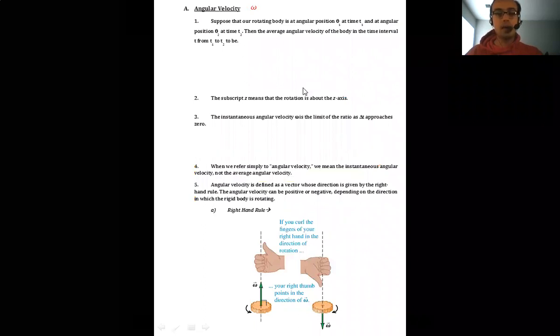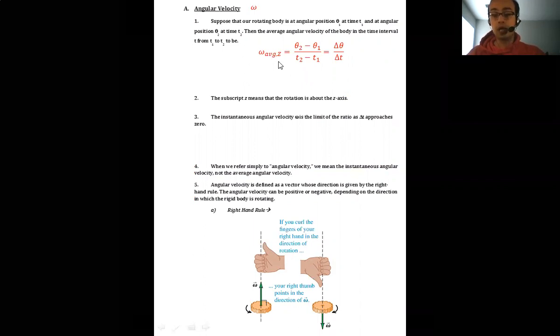All right. So let's take a look at what exactly the angular velocity might be. Basically, what is the speed at which this displacement is taking place? Well, that's pretty simple. We say omega, which is what we define as angular velocity, average, z.